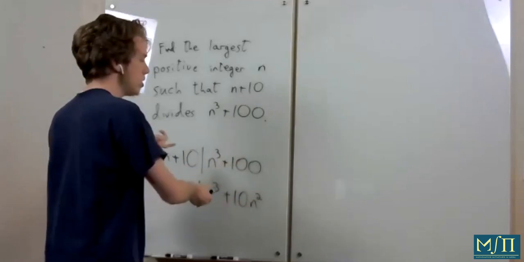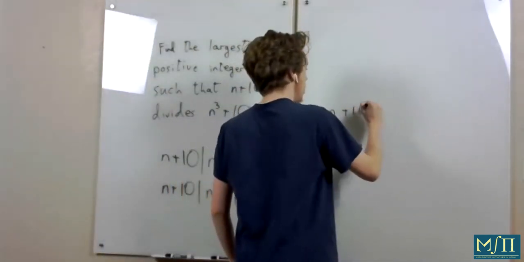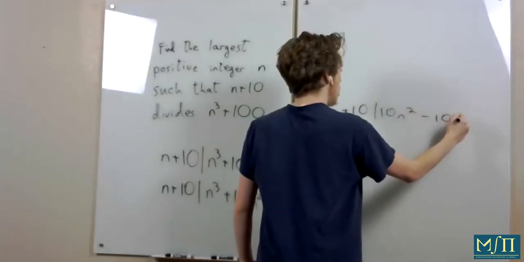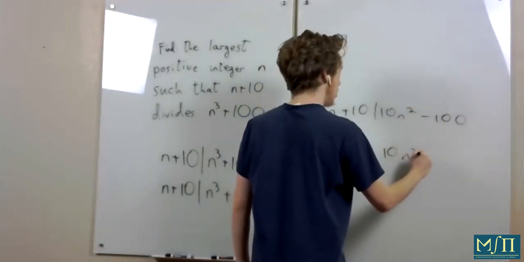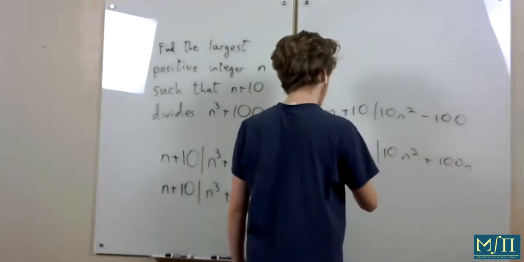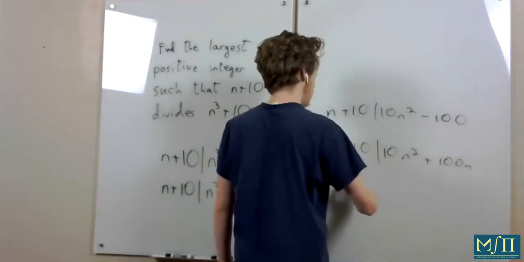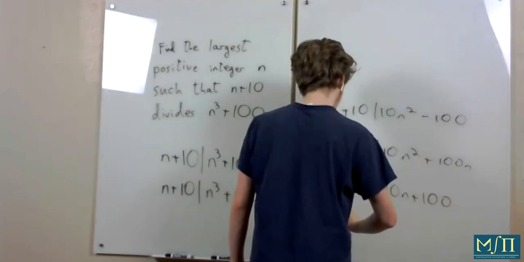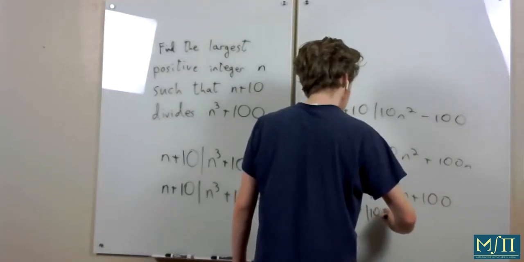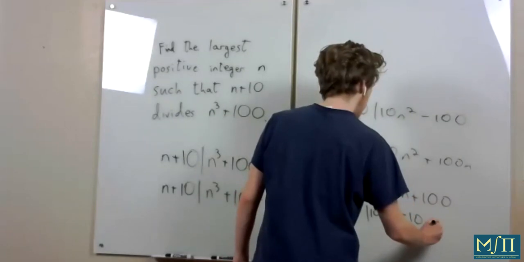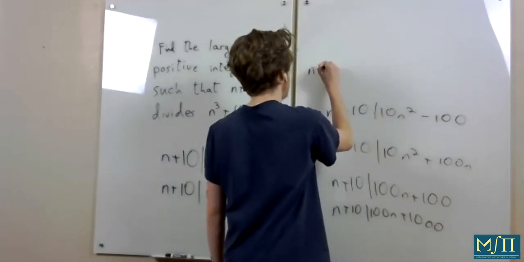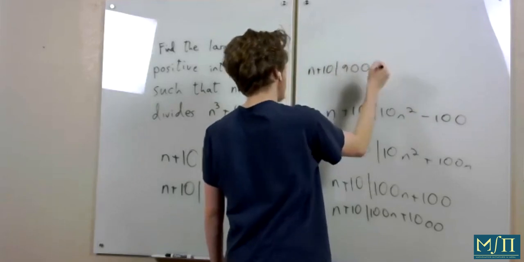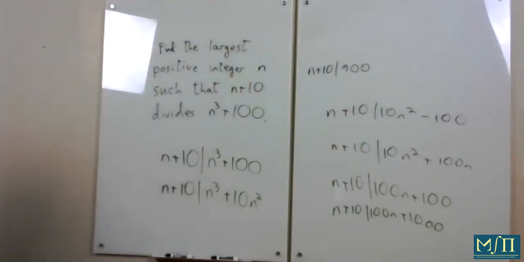We can subtract it the other way and do it again. So it divides 100n plus 100, and then it divides 100n plus 1000, subtract again, and we get that n plus 10 divides 900. So n plus 10 is at most 900, and so n is at most 890.